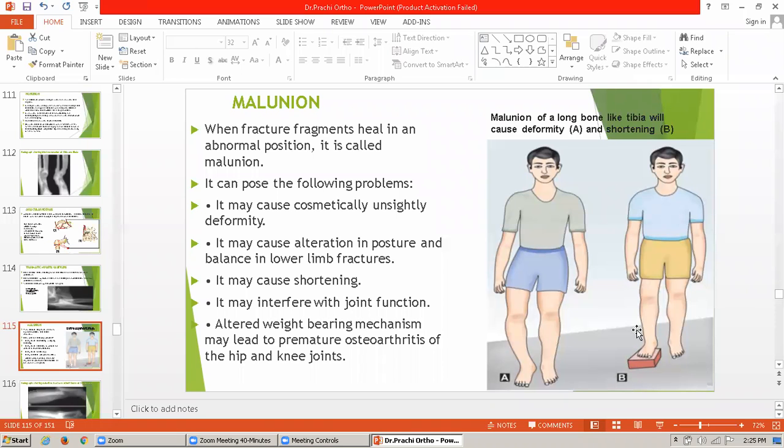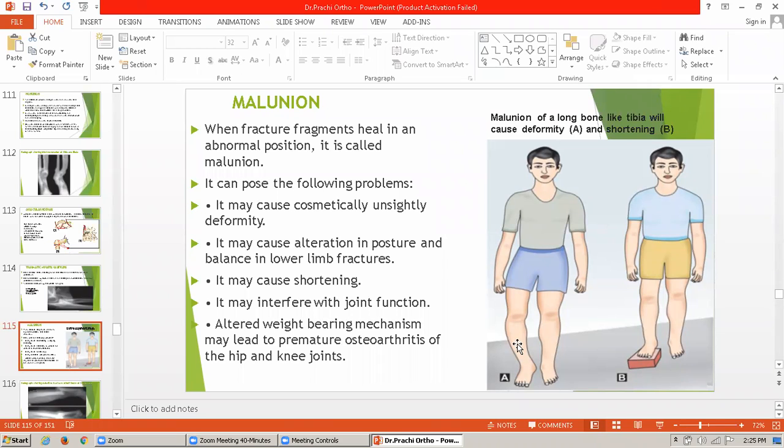So it can cause the following problems. It may cause a cosmetically unsightly deformity. So this shortening and deformity are cosmetically not good to see, and it may cause alteration in posture.